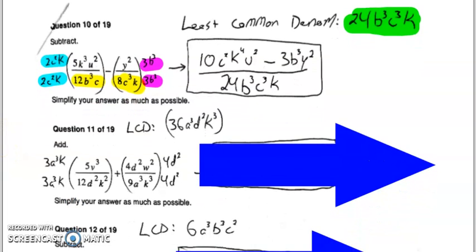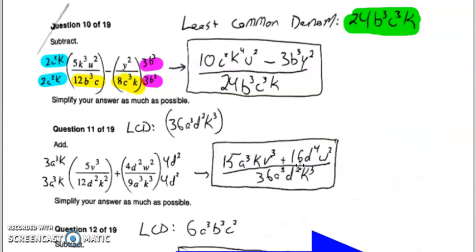Number 11, same exact concept. Figure out what our common denominator is between a 12 and a 9. And then we have d squared k squared and a to the third k to the third. So our common denominator is listed right up here. And what do I have to do to each fraction in order to result in 36 a to the third d squared k to the third?